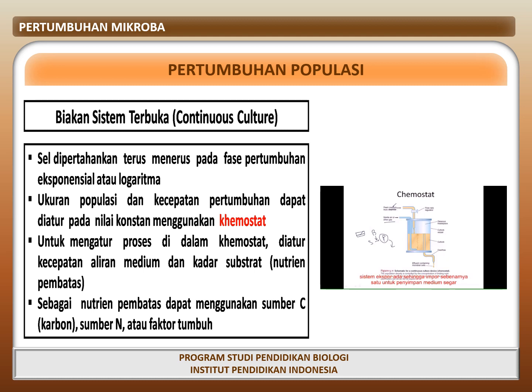The imports are, first, a fresh medium reservoir with a flow rate regulator, because if the flow rate is too high, it may overflow, right? So we need a flow rate regulator there, and we need an air or other gas insertion, so here we have a sterile air or gas insertion device. It's nothing but a tunnel-like structure, but it is definitely sterile.